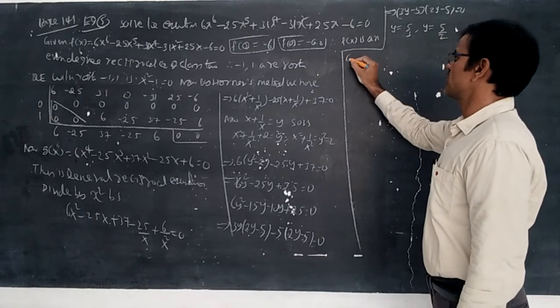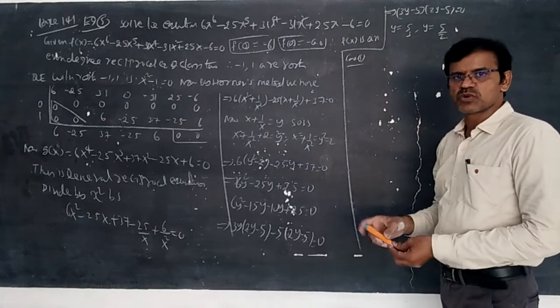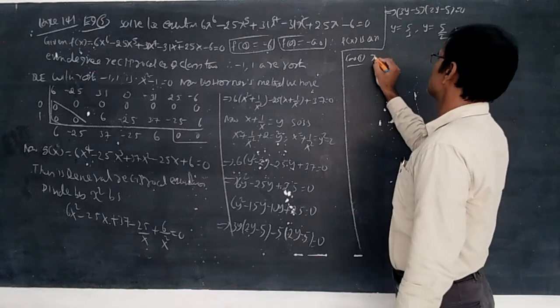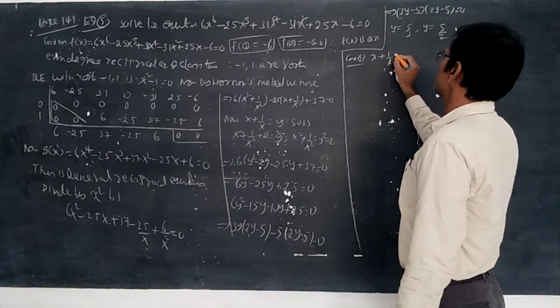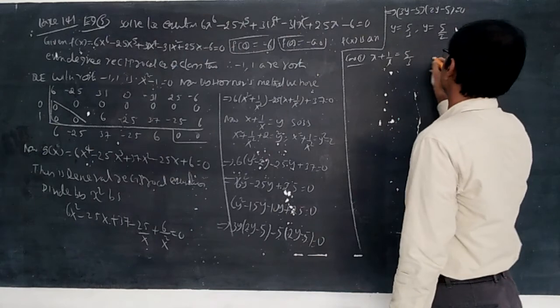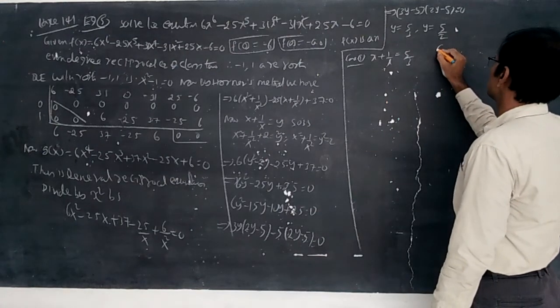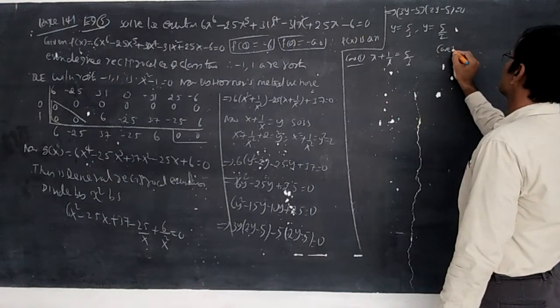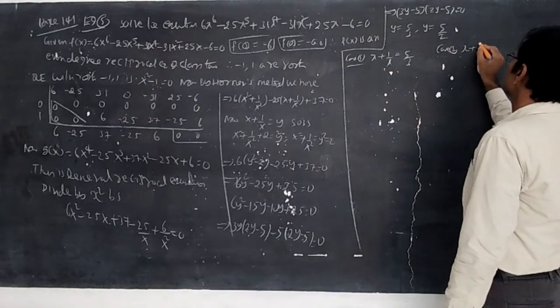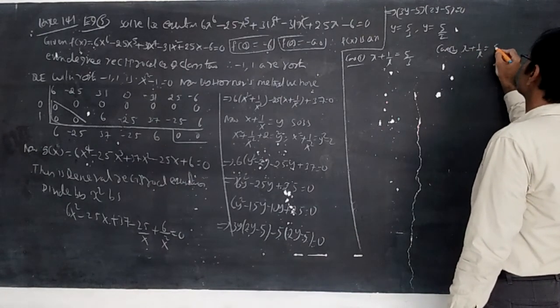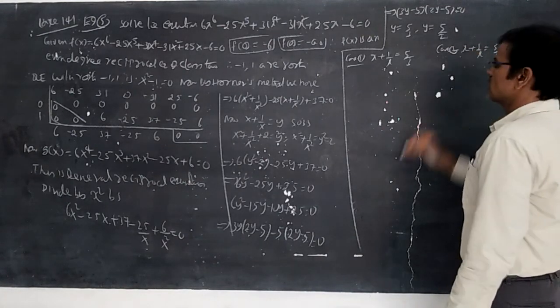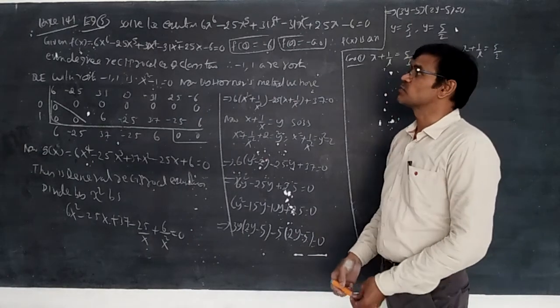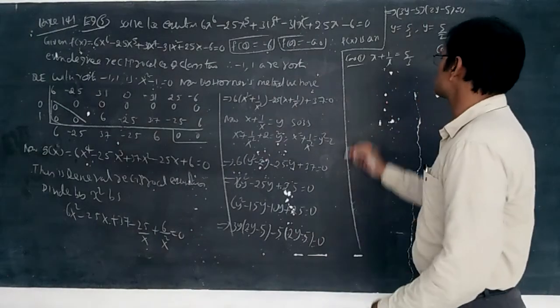So case 1 I am taking. What is the case 1? y is equal to 5 by 3. So x plus 1 by x is equal to 5 by 3. Case 2, x plus 1 by x is equal to 5 by 2. Students, you can understand x power 6 we are having, so 6 roots we should get.